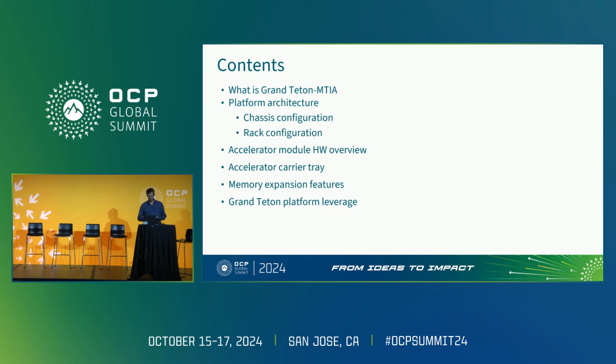That's the accelerator module itself, the accelerator carrier tray, some of the expansion options that we've designed for, and a note about how we are leveraging the existing Grand Teton platform for other applications.